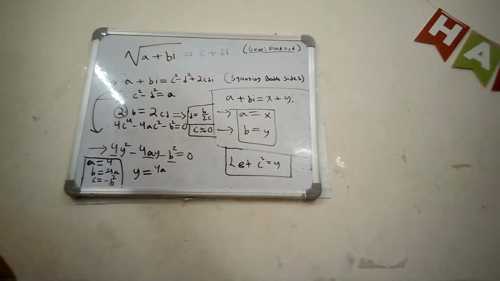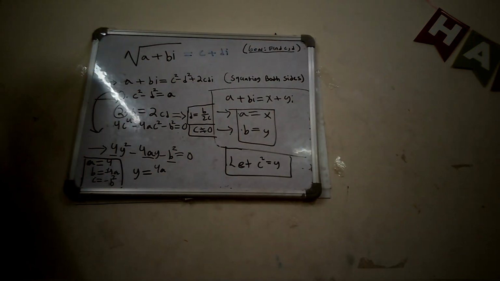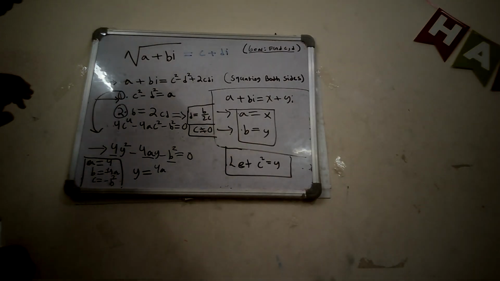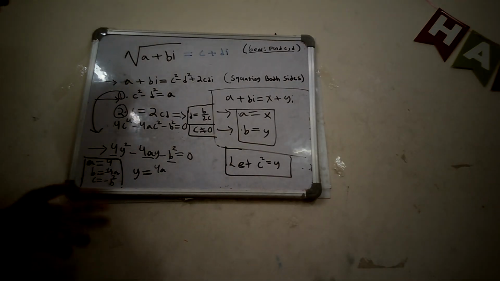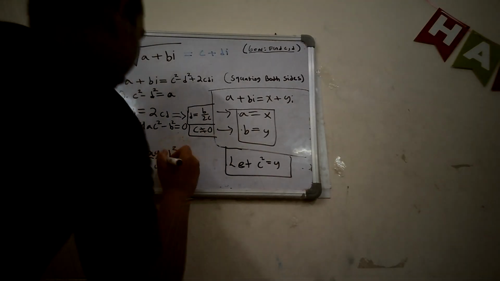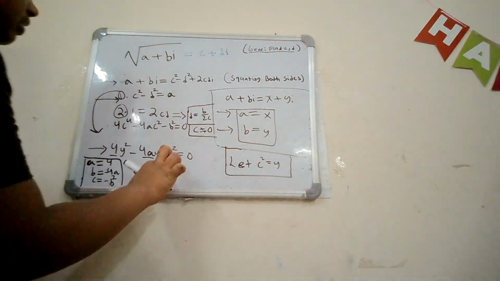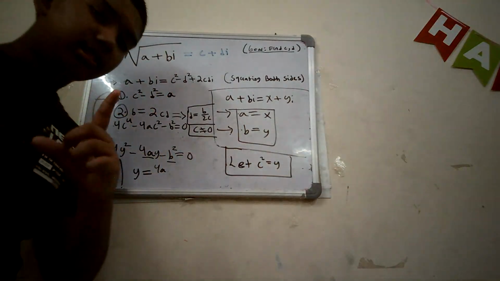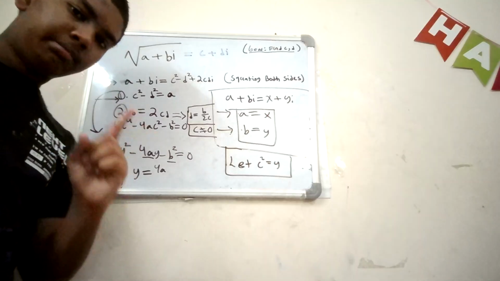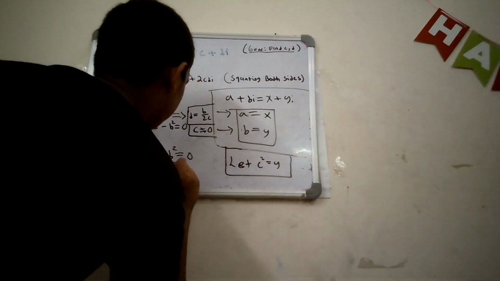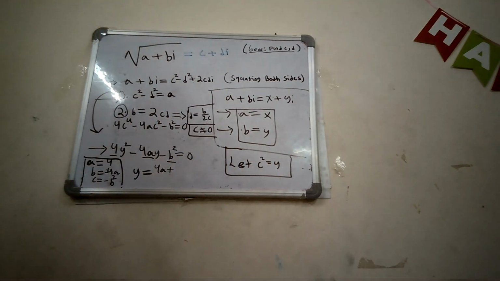I think you guys know that. So negative b is 4a, the negatives cancel out, then we put plus or minus. In this case, we're only going to consider the positive version for now.